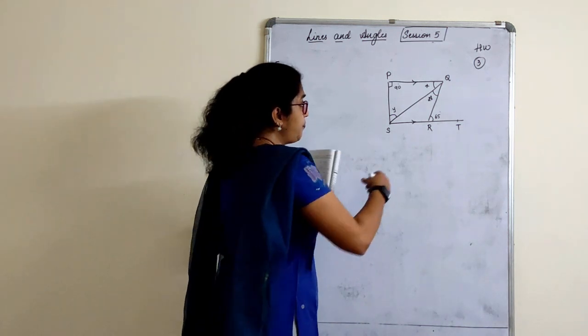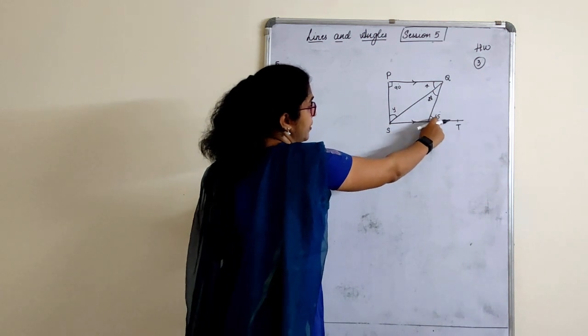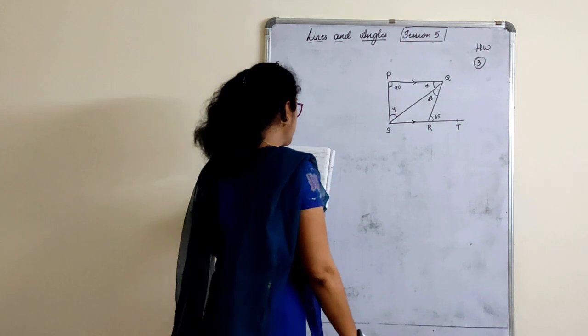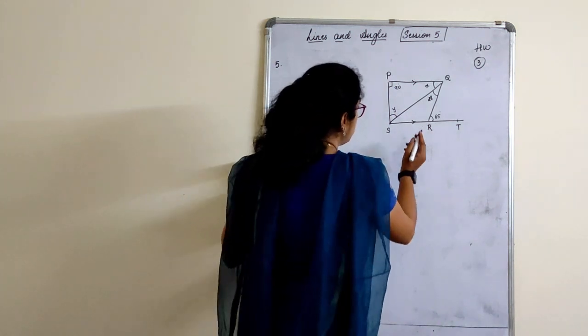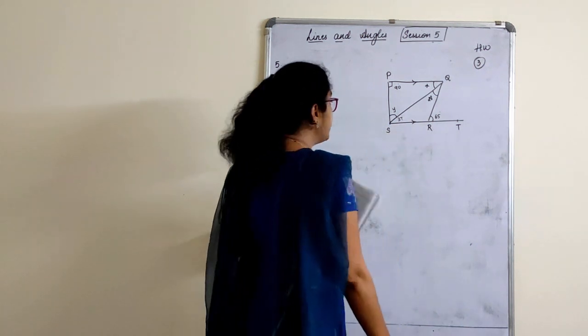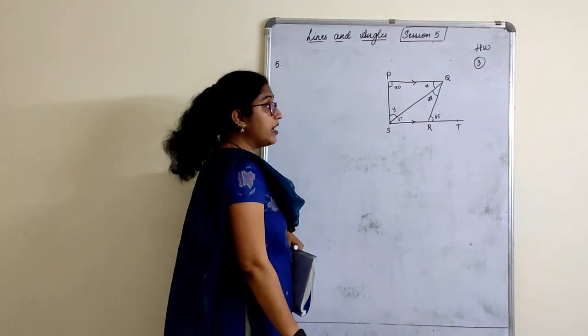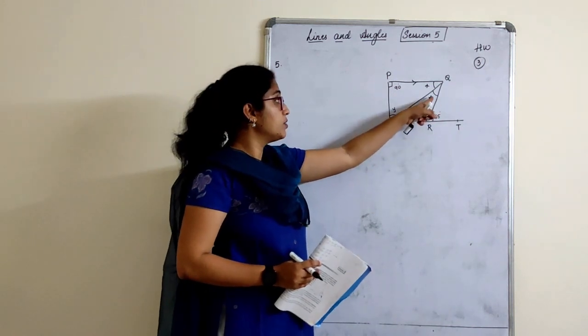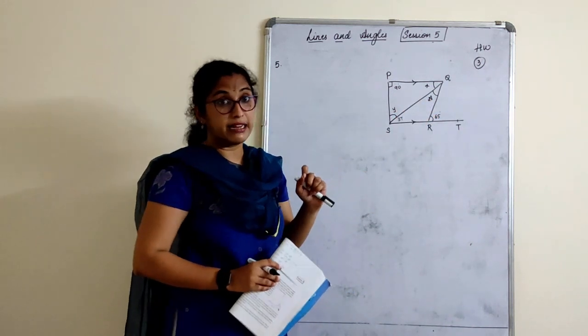Now, to find X and Y, look at this. This is 65. 28 plus what will you get 65? 28 plus 37 you get 65. How did I come to know? Exterior angle theorem. Exterior angle is equal to the sum of the two opposite interior angles.